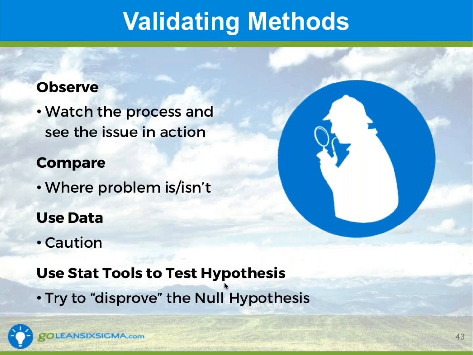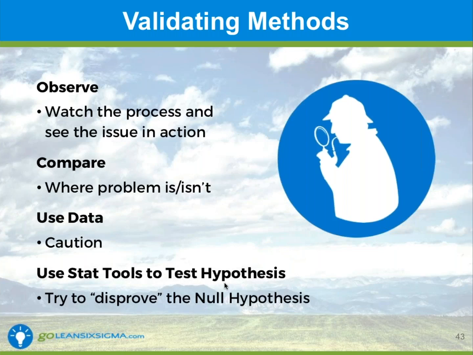You could use data, and the caution there is that you could be cherry picking and getting data that proves your point. And then the other end of the scale is using a stat tool, right? You've got hypothesis tests you can use to disprove the null. We have a whole other webinar about that. Feel free to look at it and watch that one. It's very helpful.